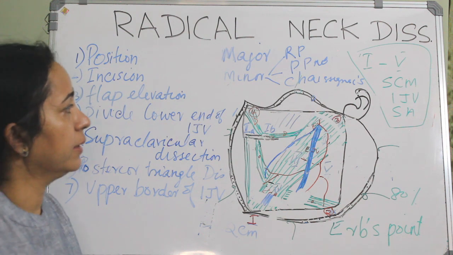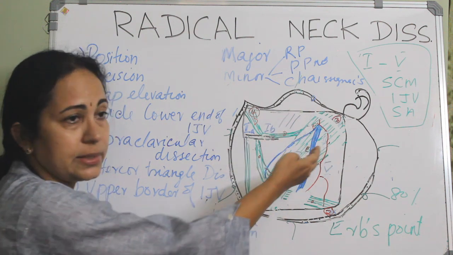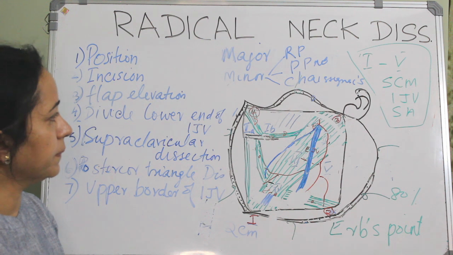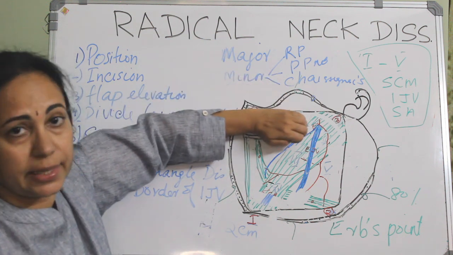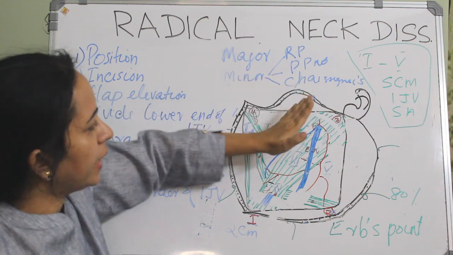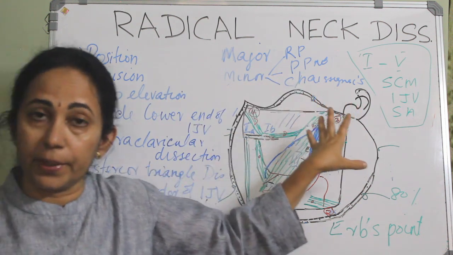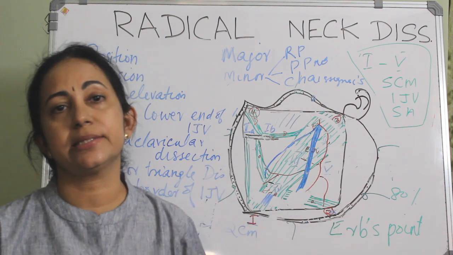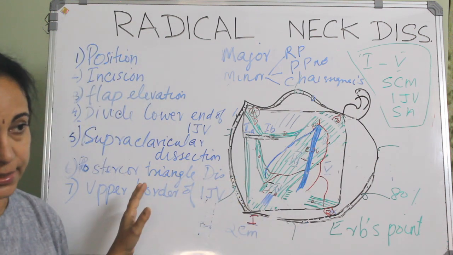After cutting the sternocleidomastoid, the posterior belly of digastric is retracted anterosuperiorly, and then you can see the upper end of the internal jugular vein that is ligated and then transected.